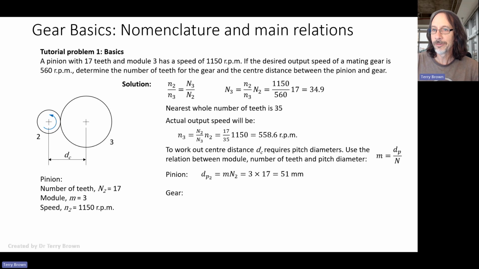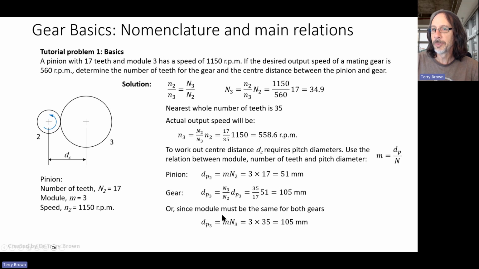For the gear, I'll just use the ratio of the teeth to get that, because the pitch diameters must be in the same ratio as the numbers of teeth. So we've got 105 for our pitch diameter here.